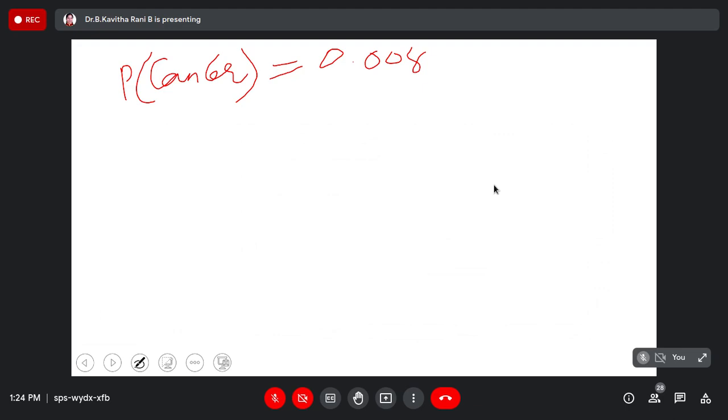Next, probability of not having cancer. ఎంత వచ్చింది? That is 0.99. So this symbol is nothing but "not". This symbol is used for not.